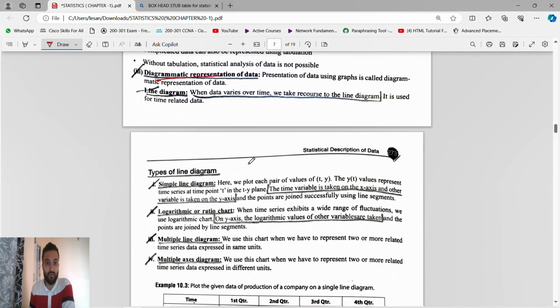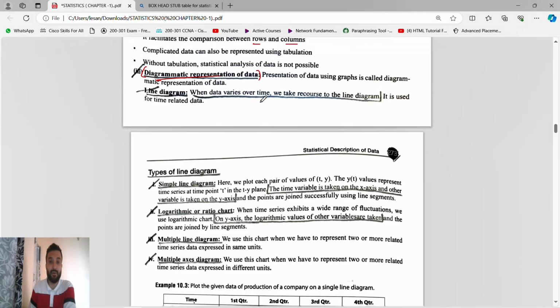Then what will we follow? The last one, the diagrammatic representation, because it is very easy. Like I showed you at the start, we had the data of Mumbai and 4 cities: 10 lakh, 15 lakh, 20 lakh, 25 lakhs. It is easy to collect because we don't want the accurate data.